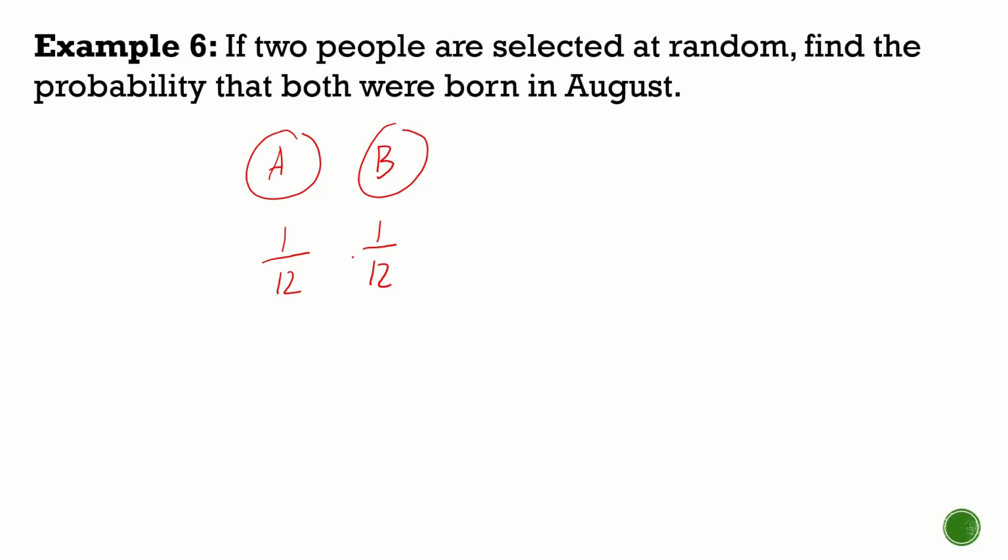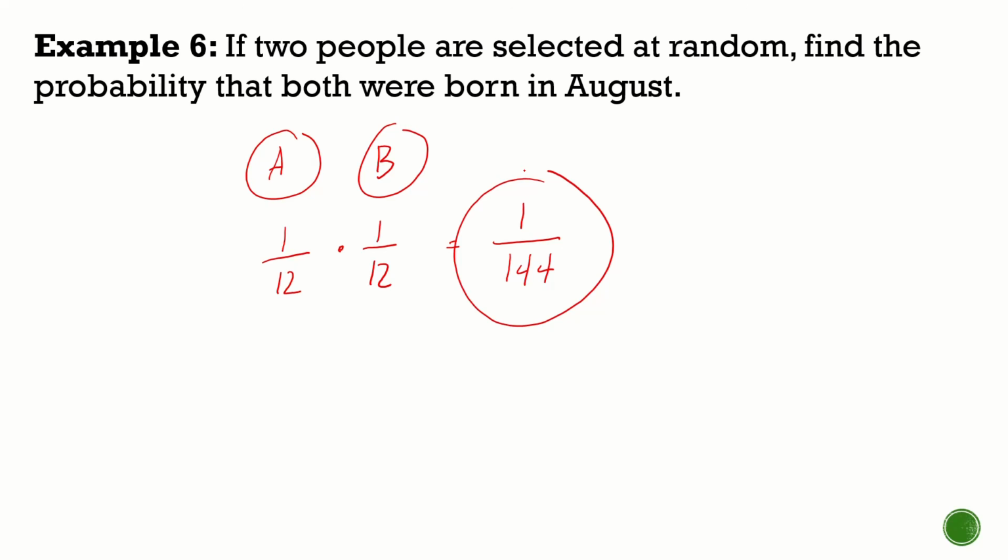It's still 1 over 12. Multiply those two, that is 1 over 12 times 12, I believe is 144. So that is the answer. And if you try to compute the percentage of that, if not mistaken, that is also less than 1%.